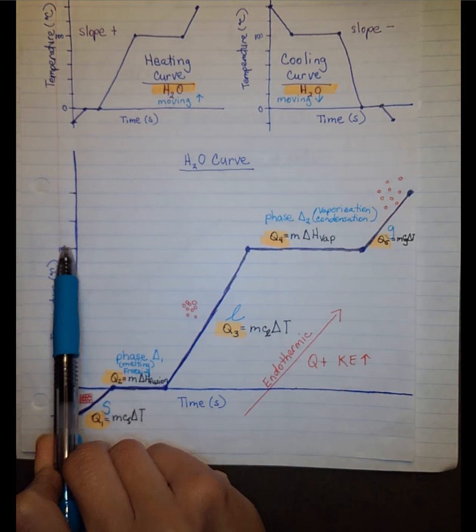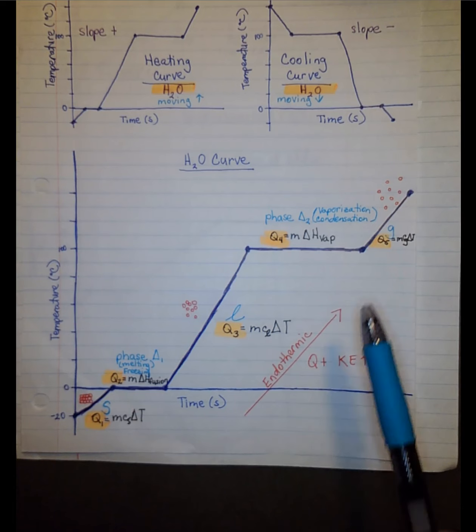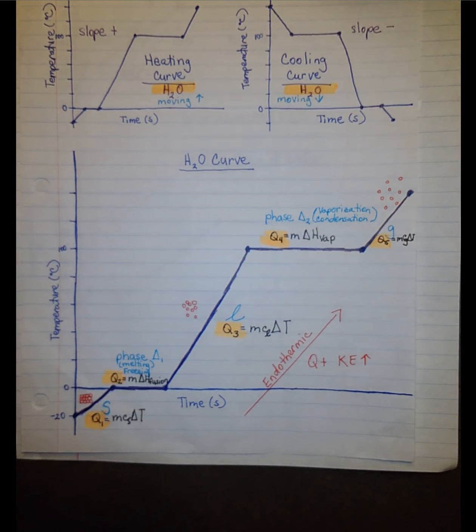It remains steady at 100 degrees Celsius. So if the temperature remains steady, then the kinetic energy is constant, and there is a lot more potential energy present in the system at this particular moment.